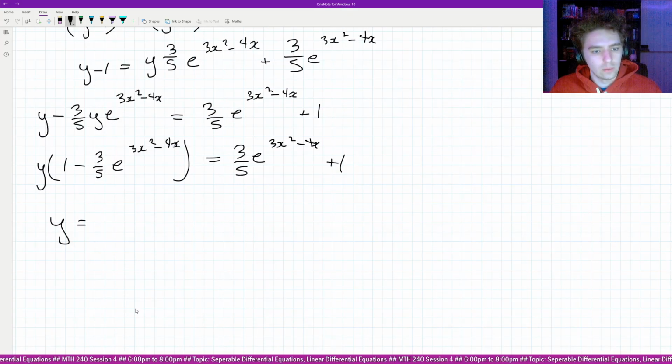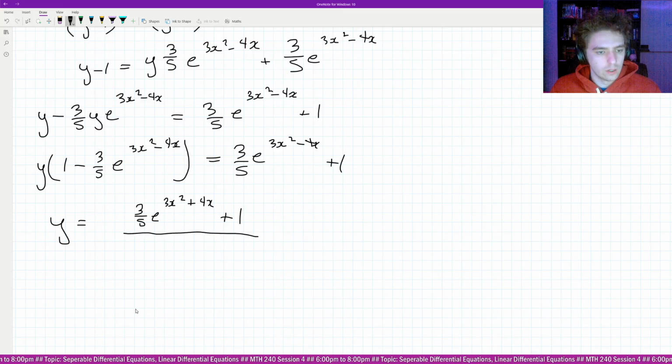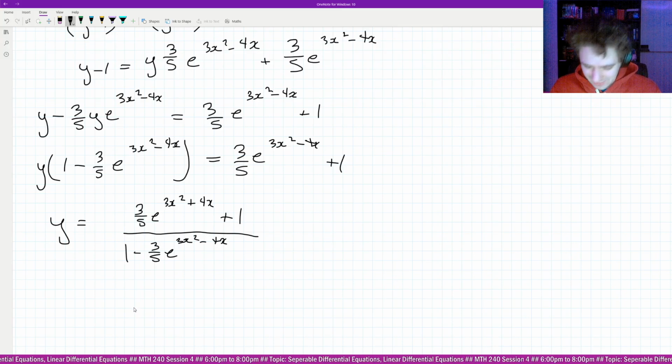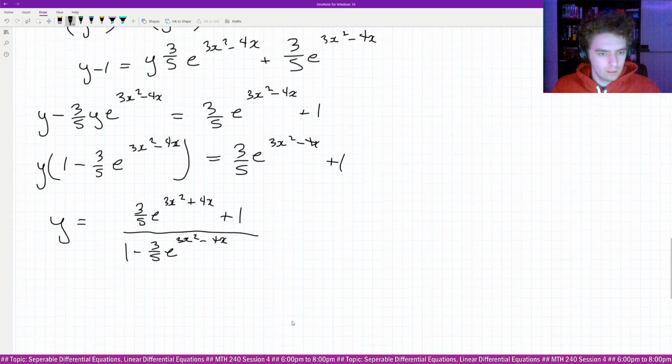So y equals 3/5 e to the 3x squared minus 4x plus 1, all over 1 minus 3/5 e to the 3x squared minus 4x. I was about to write plus c. That is incorrect. And then you can multiply by 5. Yeah, that would be the same thing. Yeah, there you go. That's your answer to this differential equation.